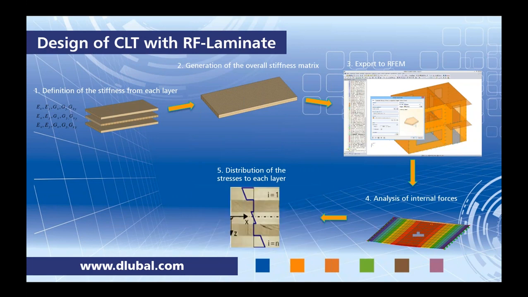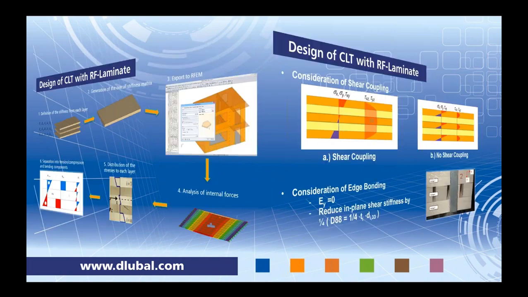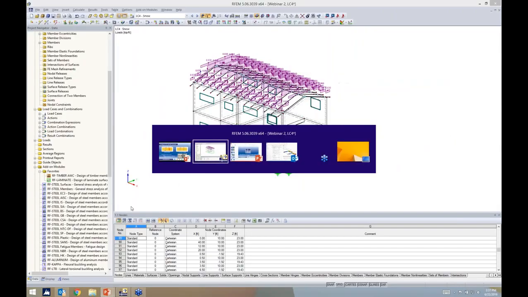And maybe more graphically, you can see the stress distribution throughout the depth of a cross-laminated timber panel. It would look something similar to this. Then for each stress, we're going to separate it into tension, compression, and bending components. Then we take those stresses and compare them to what the code gives us for our limit stresses, and then we're going to get a code check.